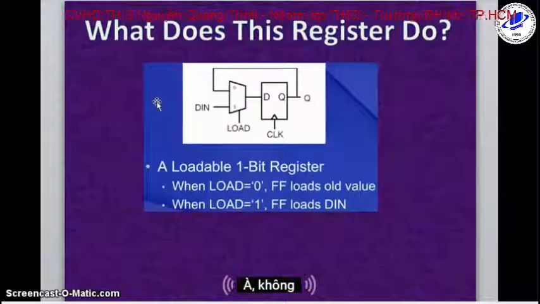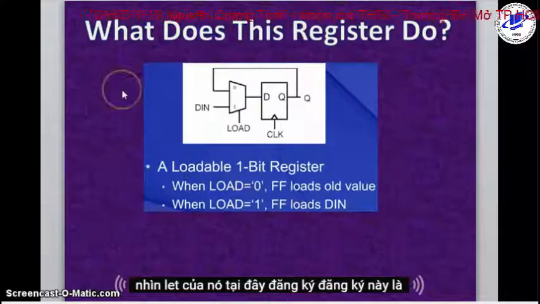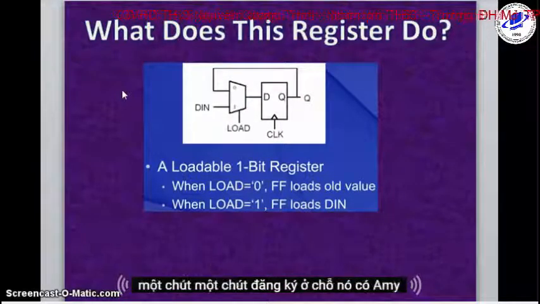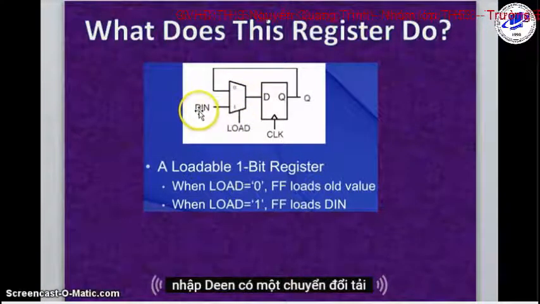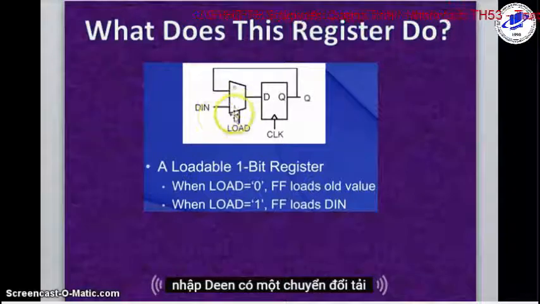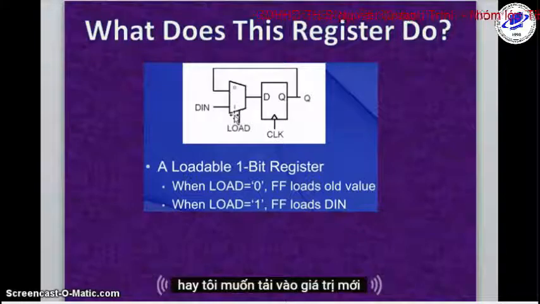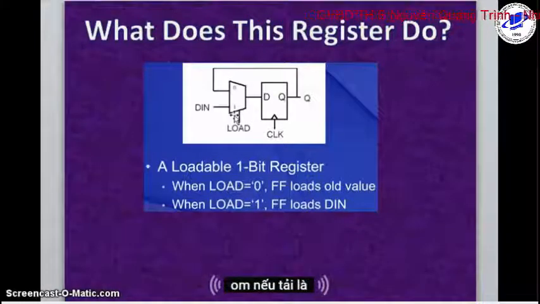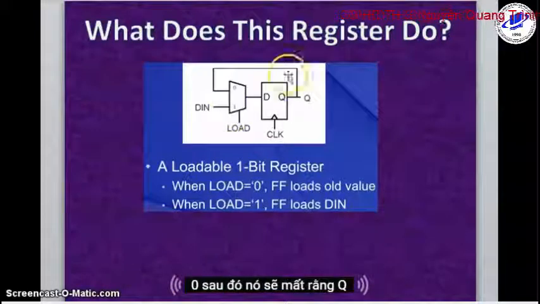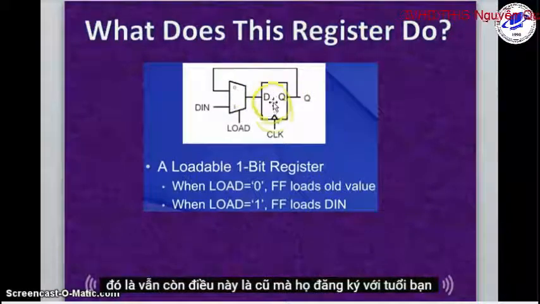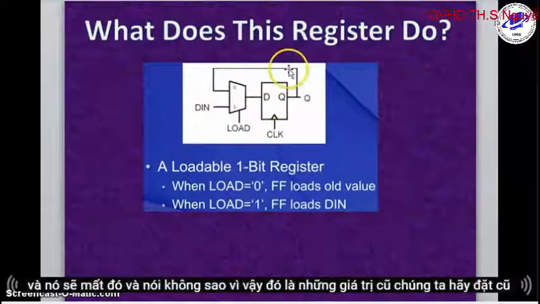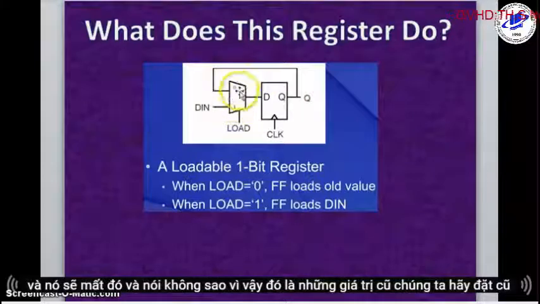Now let's look at this register. This register is a loadable 1-bit register in that it has an input, the D. It has a load switch that says, do I want to load the old value, or do I want to load in the new value? If load is 0, then it's going to take that Q, which is the old value, the register with the old value, and it will say, okay, so that is the old value.